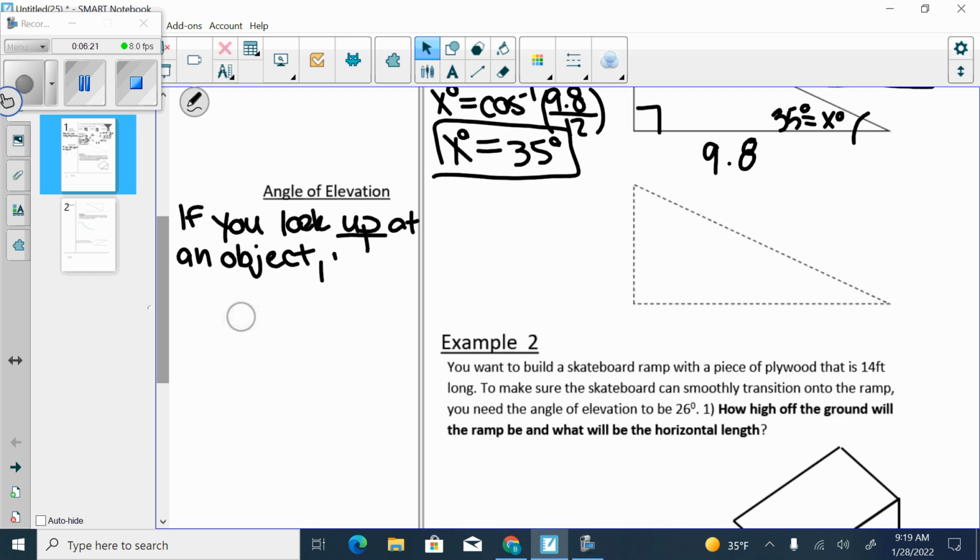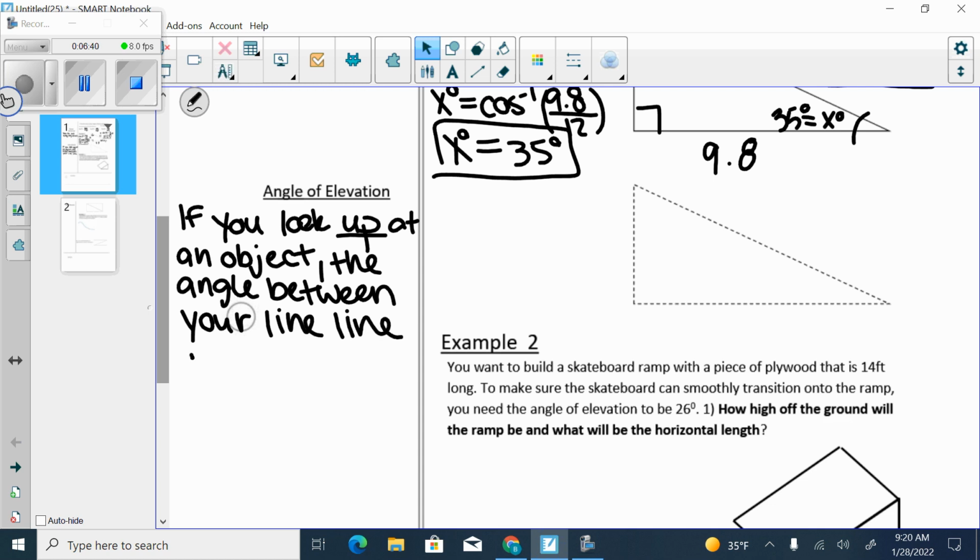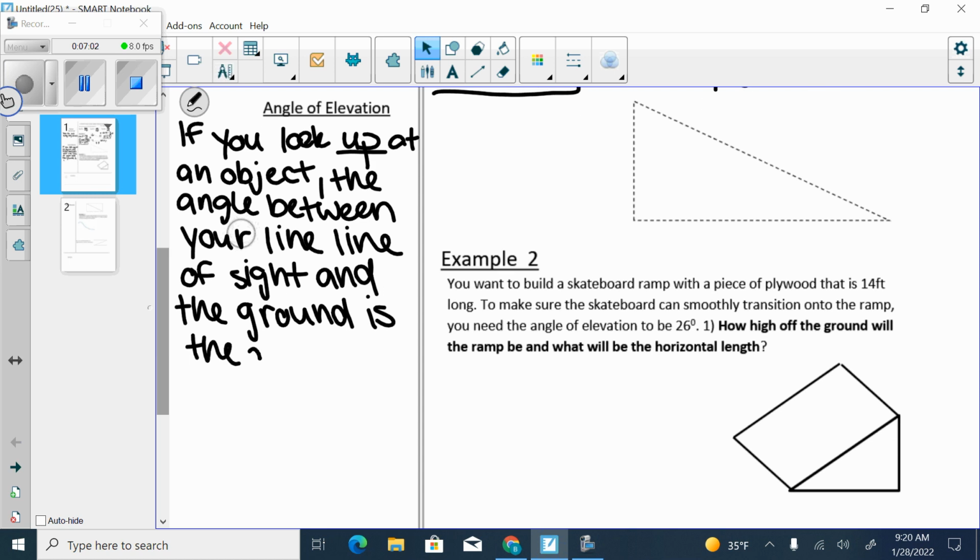The angle between your line of sight and the ground is what we refer to as the angle of elevation.